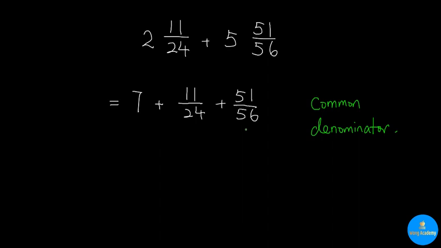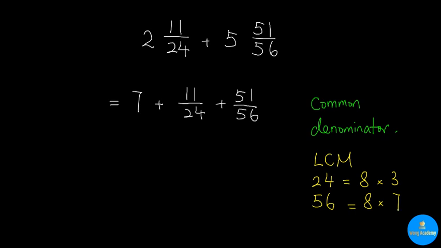To find out the least common multiple of 24 and 56, or the LCM of these two numbers, first we recognize that 24 and 56 are both divisible by 8. 24 is 8 times 3, while 56 is 8 times 7.